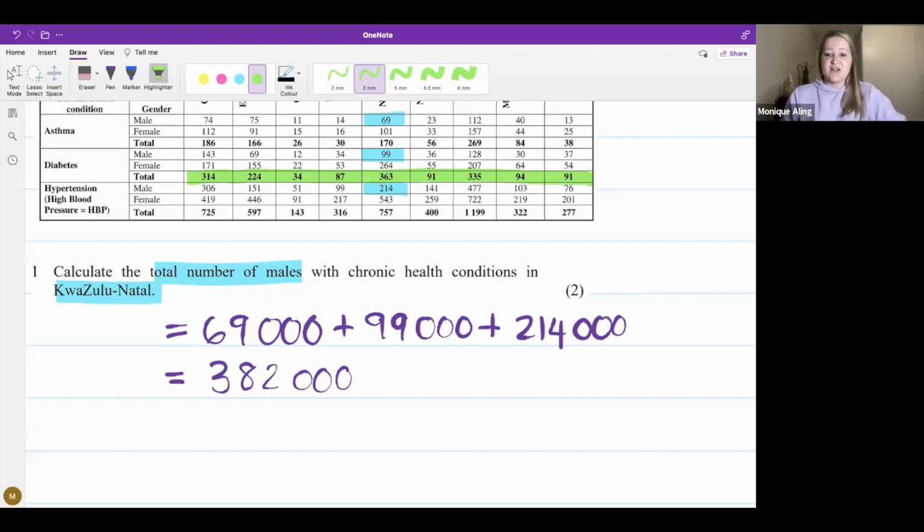How do we work out the range? Lawandle, hi. Hi, ma'am. We work out the range by minusing the largest number with the smallest number. Good.